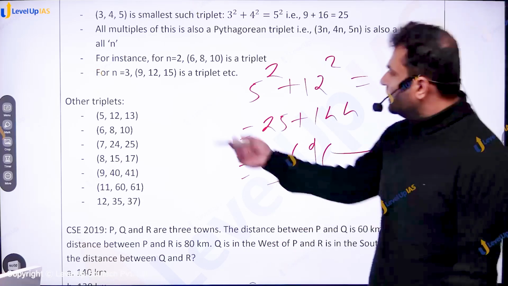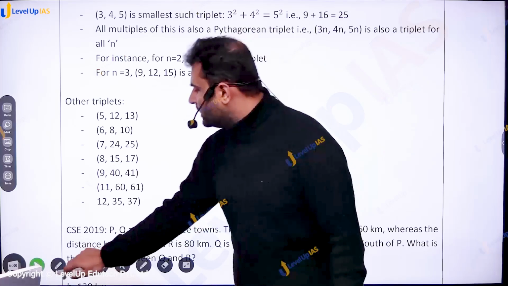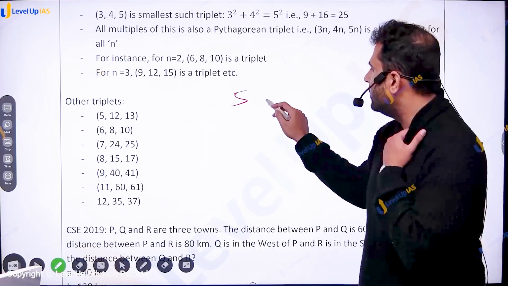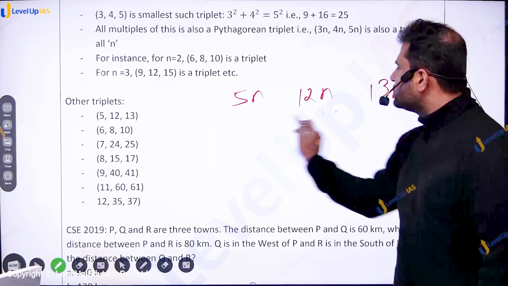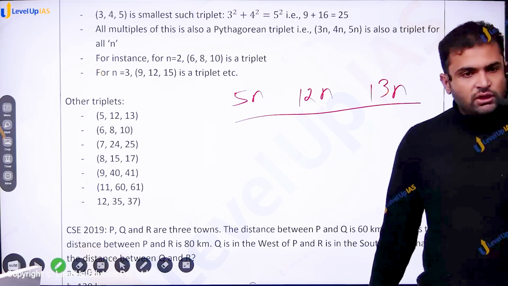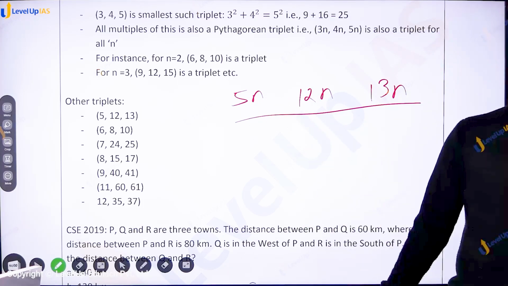That is what we are saying. For example, if we have this 5, 12, 13 as one triplet, then what is our point? All those numbers of the form 5n, 12n and 13n will also form a triplet. That is what our point is. We are not saying all triplets will be of this form. We are saying they will be triplets.